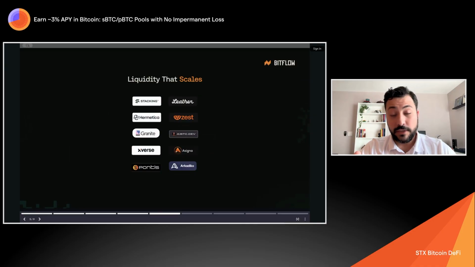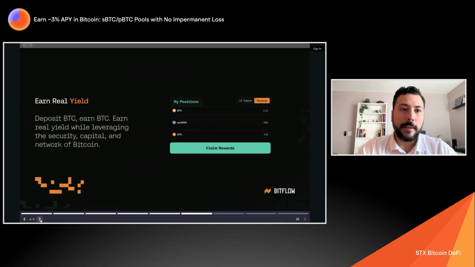Stacking DAO and Zest also use it for liquidation, as does Granite, and so forth. We also power AIBTC, so if you're playing around with AI automations, the BitFlow infrastructure is being used. That is key to an ecosystem, so these protocols and apps can focus on what they do best and leverage this deep liquidity, shared across the ecosystem as we scale, right?